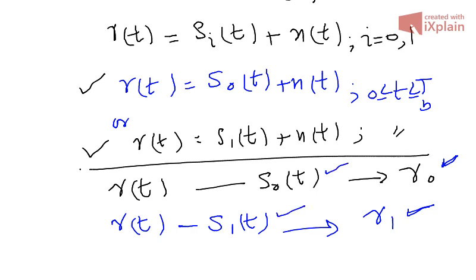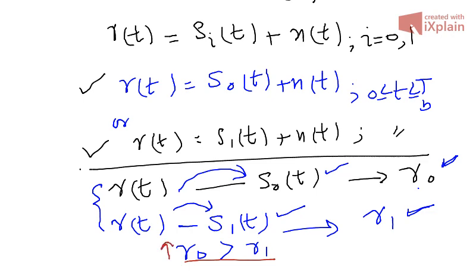So if R0 is greater than R1, because we are comparing r of t with S0 and S1, right? We are comparing it with both. If we get this result, it means the higher value of R0 means that it is more like S0.